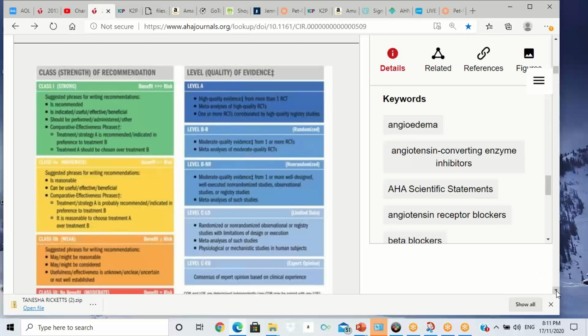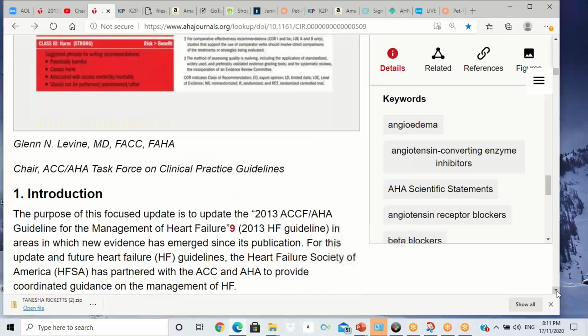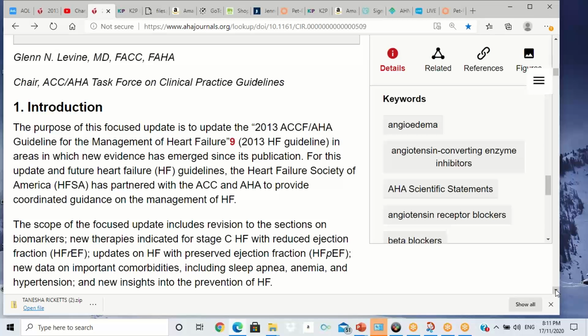Okay. So we're gonna delve into the updates. So the purpose of this focus update is to update the 2013 American College of Cardiology Foundation / American Heart Association guidelines for the management of heart failure in areas in which new evidence has emerged since its publication.